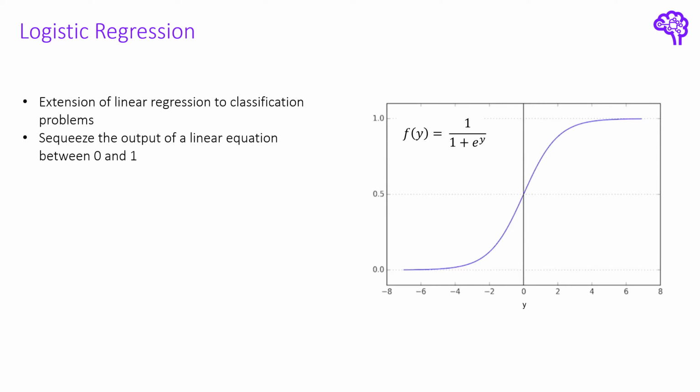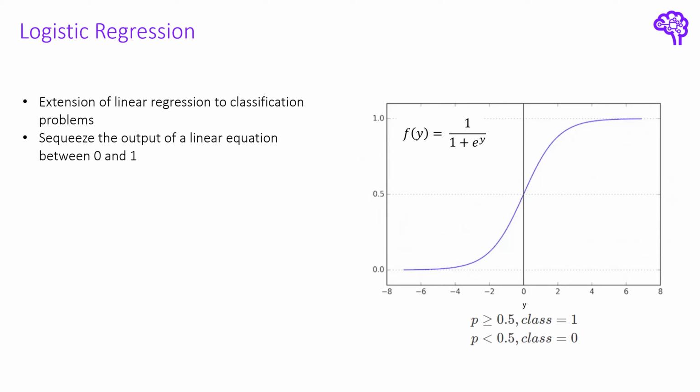Okay, so now that we are familiar with the data set, let's quickly have a look at the first algorithm, logistic regression. Logistic regression is an extension of linear regression to classification problems. Using the sigmoid function displayed here on the right, the output of the linear regression is squeezed between 0 and 1. That means we get probabilities.